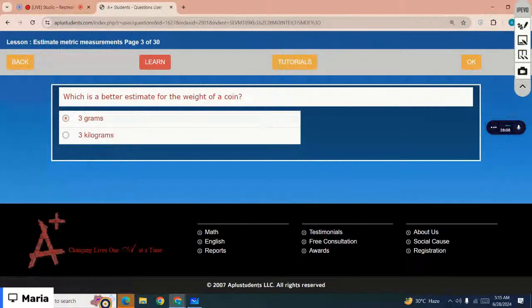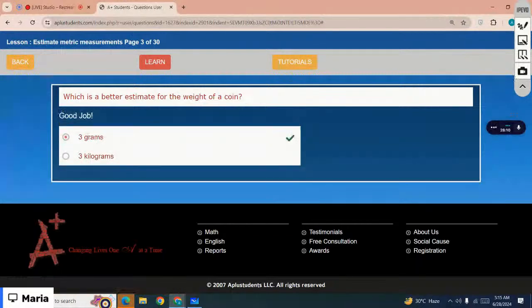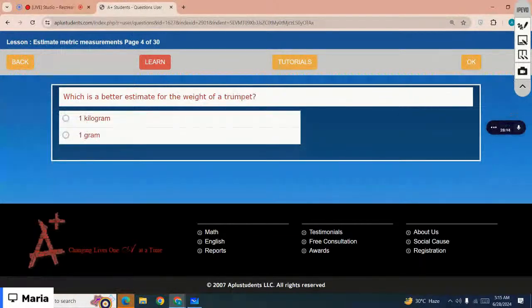Option number one is the correct option. Which is the better estimate for the weight of a trumpet?